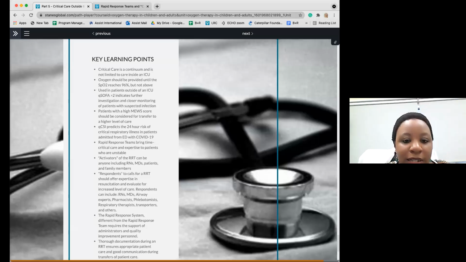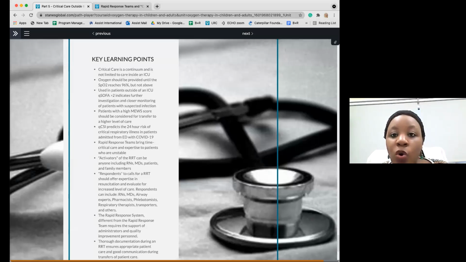Just to go through the key principles for today, we looked at the continuum of care in critical care, that it's not limited to the ICU, the prudent use of oxygen and the oxygen saturation target in acutely ill medical patients, and the use of clinical scoring tools to guide our therapy. We also looked at the importance that rapid response teams bring to our critical care teams. We also need to know who should activate and who should respond to a code blue team. As healthcare workers, we all bring different skill sets to the table.